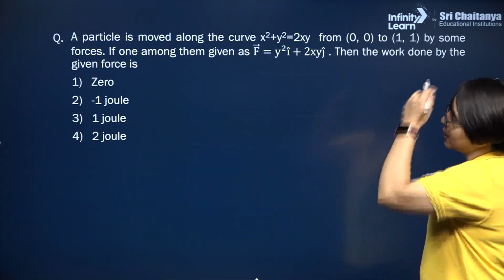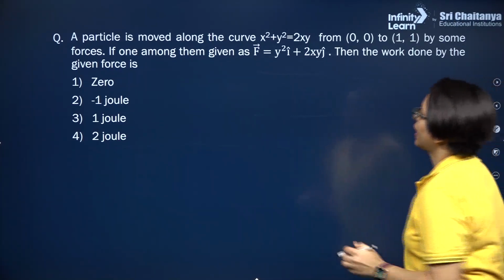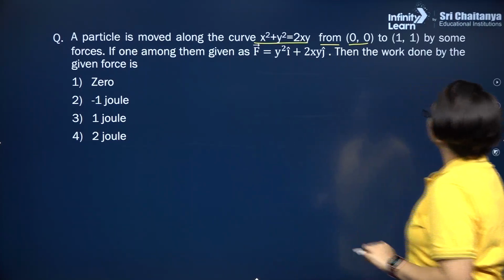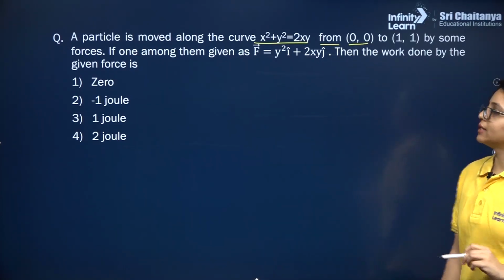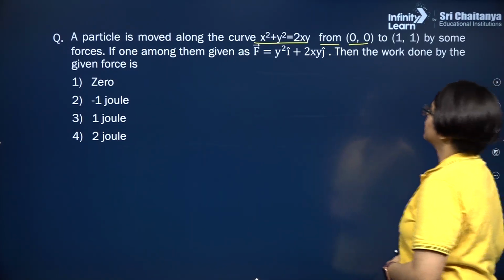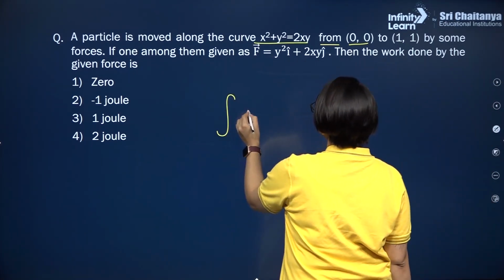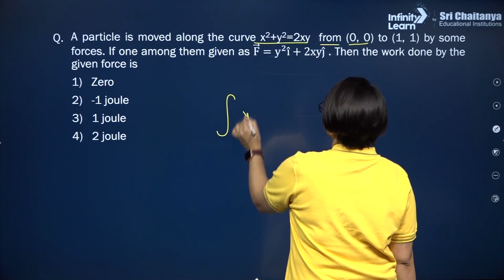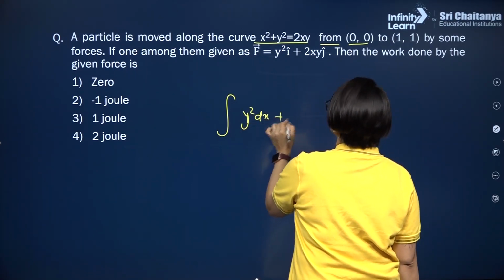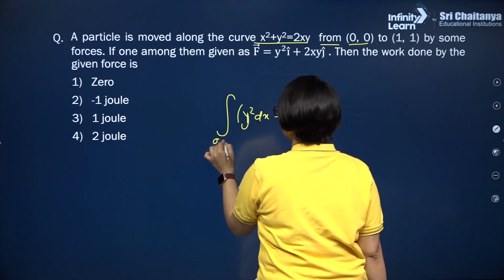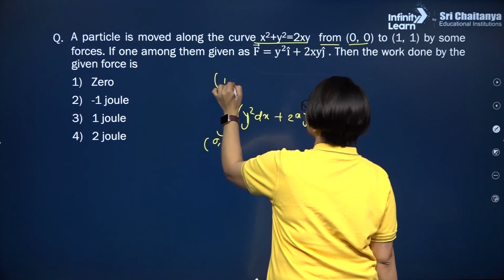Next is, a particle is moved along the curve x square plus y square is equal to 2xy from 0, 0 to 1, 1 by some forces. If one among them is this, then the work done by the force is the integration of F dot dr, so it will be the integration of y square dx plus 2xy dy from 0, 0 to 1, 1.